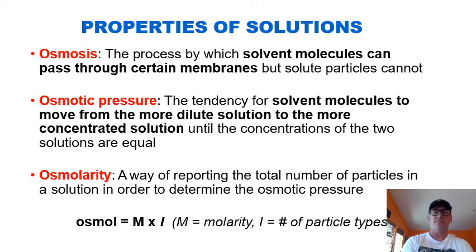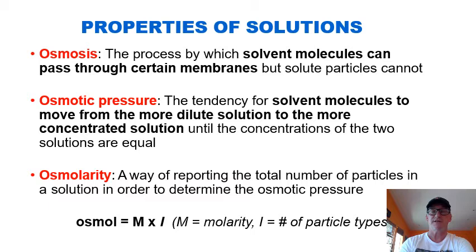And so what happens in osmosis is that water will move. Water is a very small molecule. Water will move from where there's a lot of solvent molecules and very few solute particles, to where there's a higher concentration of solutes.